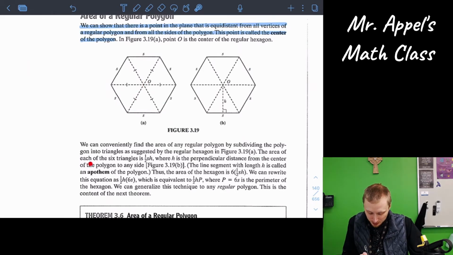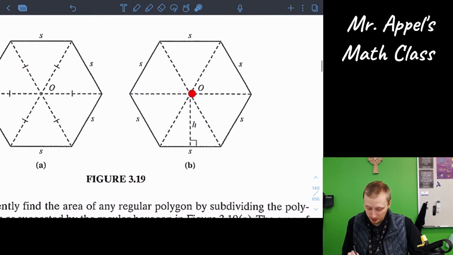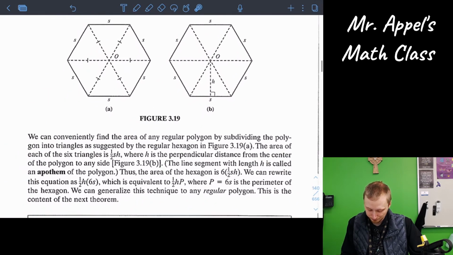The area of each of the 6 triangles is 1/2 times s times h, where h is the perpendicular distance from the center of the polygon to any side. So now we've taken that triangle and drawn in its height here from the side up to the center.